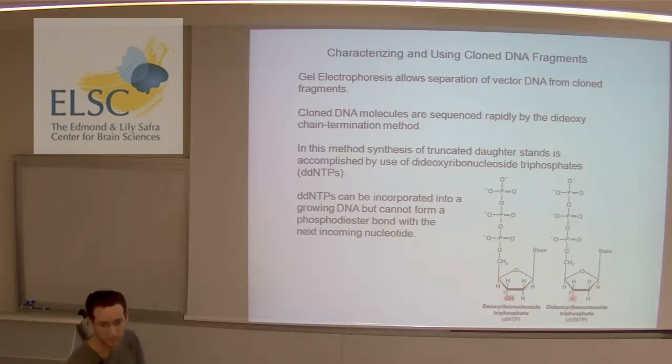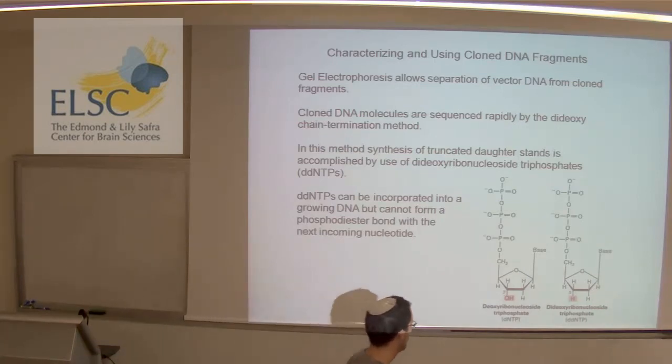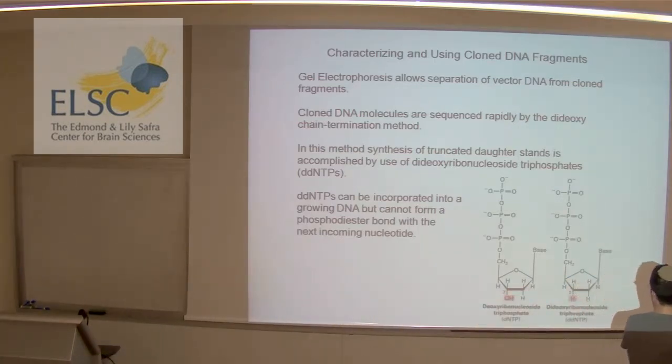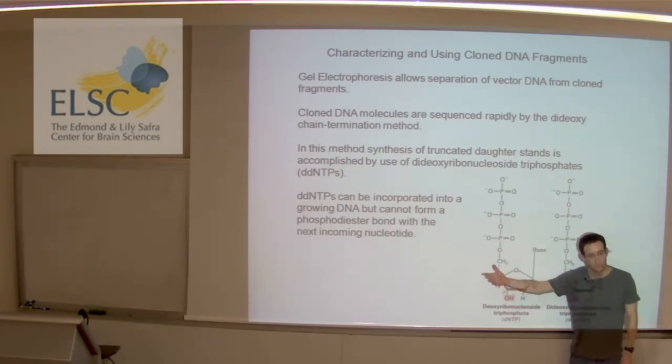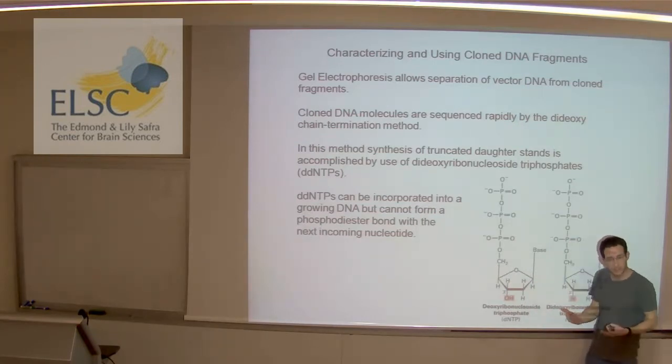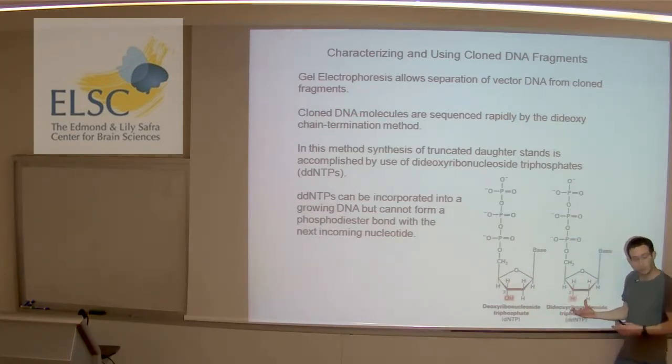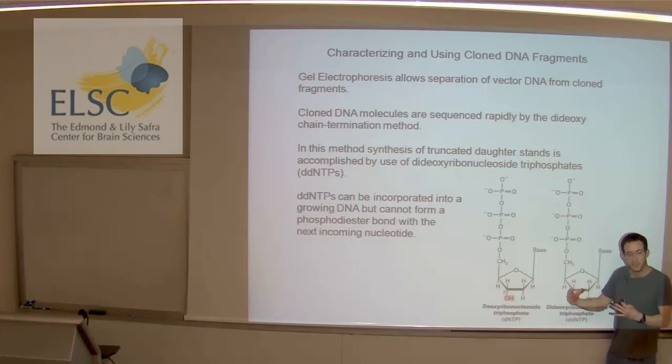Are they occurring naturally? I'm not sure, that's a good question. What we do know is that the dideoxyribonucleoside can link to a previous nucleotide on a DNA fragment during DNA replication, but once it is incorporated, it is not able to link to what's supposed to be the next nucleotide in the chain.